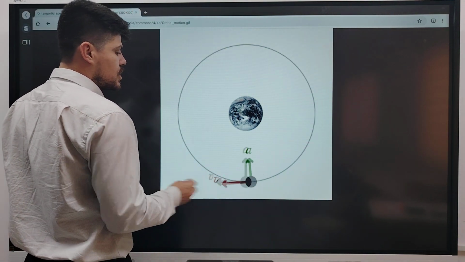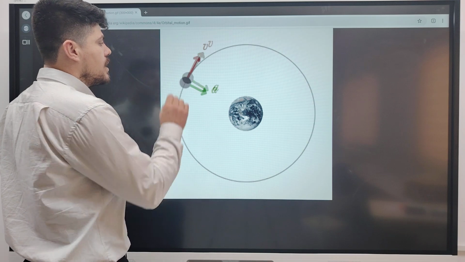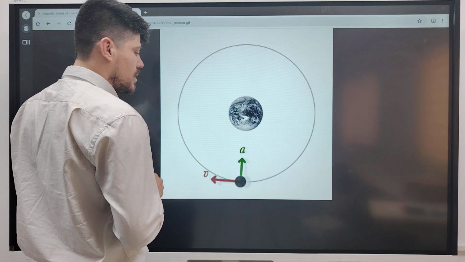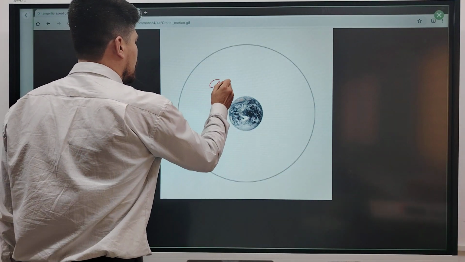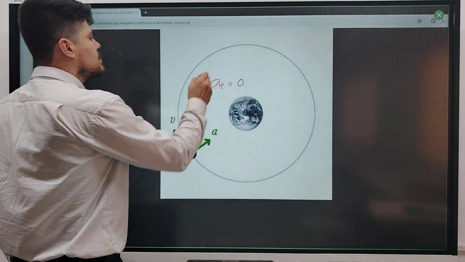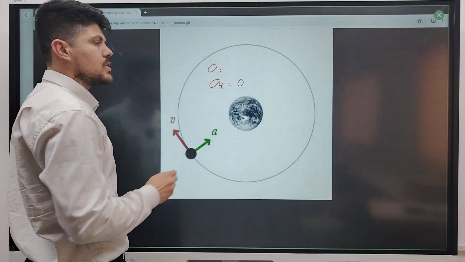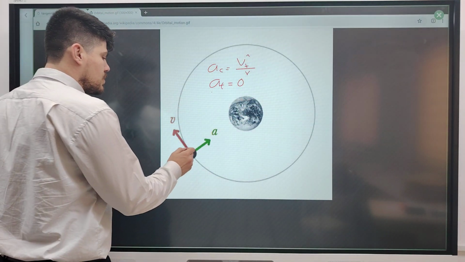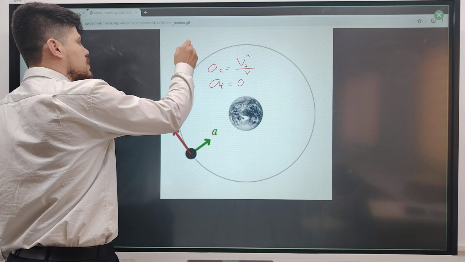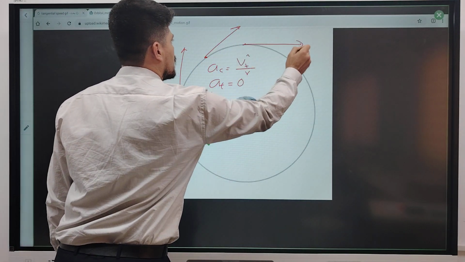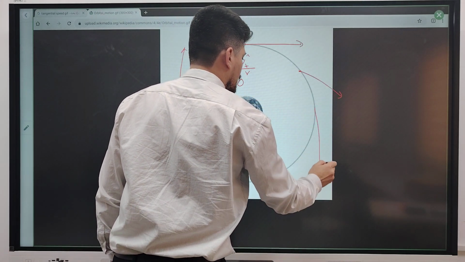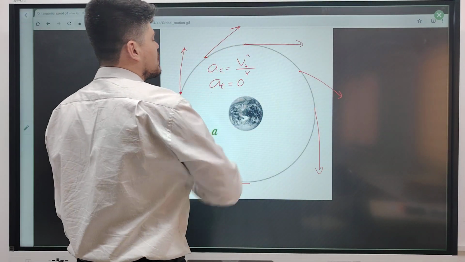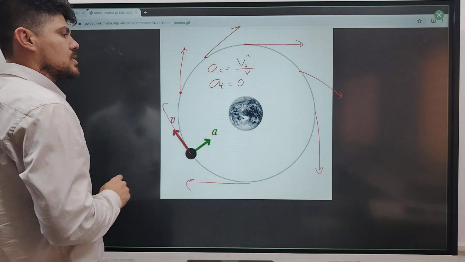And because the tangential speed doesn't change, this object has constant tangential speed and constant angular speed, which is AT is 0. The object has only centripetal acceleration, which is equal to v squared over r, because the direction of the tangential speed changes continuously. So this centripetal acceleration results from the changing direction of the tangential speed.